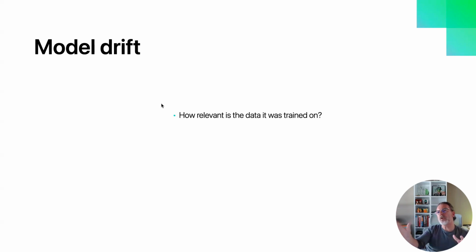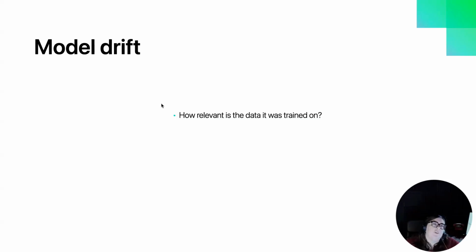So this is called model drift, where the model is, for lack of a better term, stuck in time. It only knows what it's trained on. If the outside world changes, then you ask it a question and it answers with 2-year-old data, which isn't right.